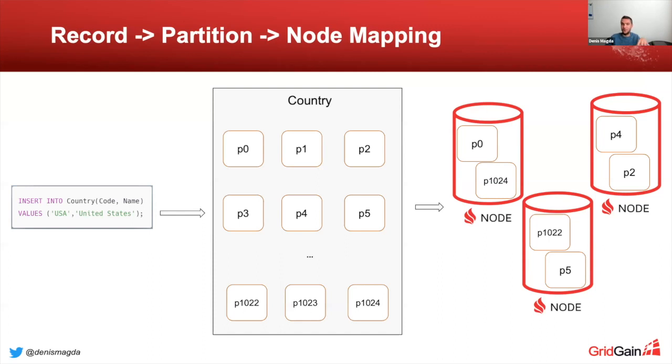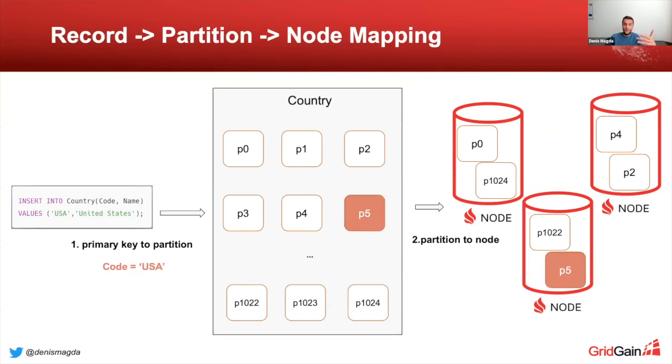And what happens internally, what the partitioning algorithm does: it will take the value of our primary key and map this value to one of the partitions. And once the partition for your specific key and record is identified, this partition will be mapped to one of the nodes, because every partition is stored on one of the nodes of your cluster.